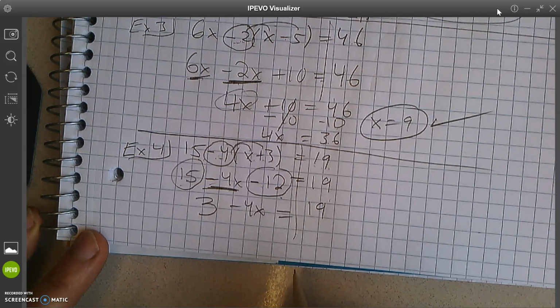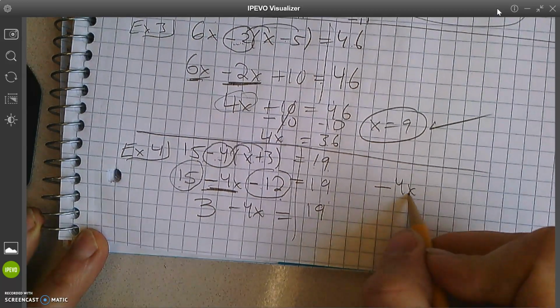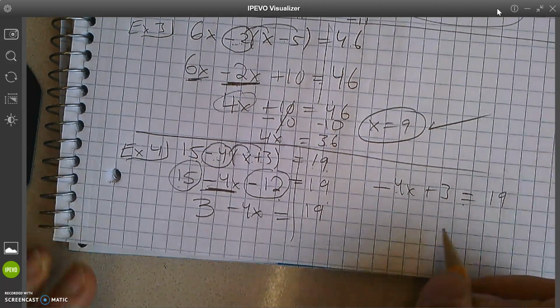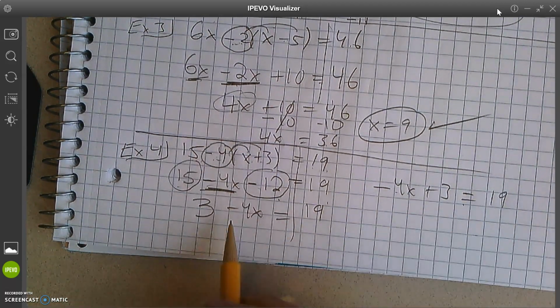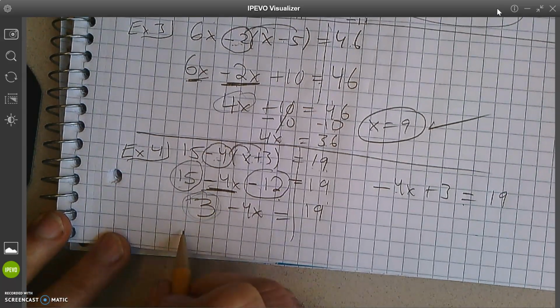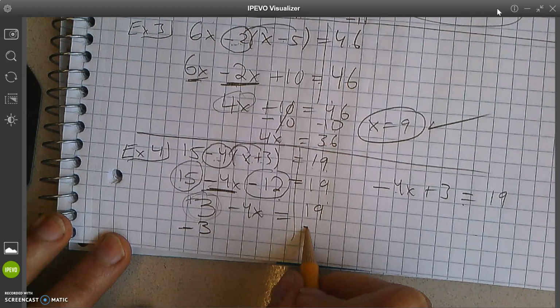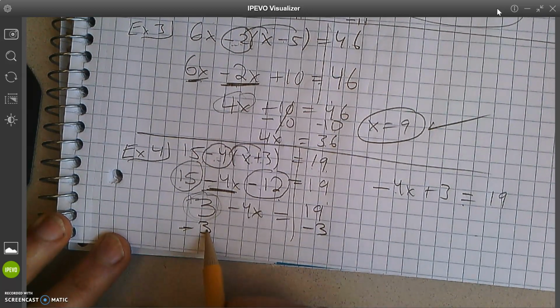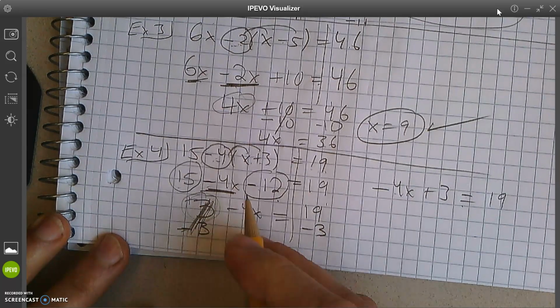Cool. You may have written it this way. That's okay too. You get the same answer. So this is a positive 3. I'm trying to get rid of this, and so I subtract 3 on both sides. So 3 minus 3 is 0.